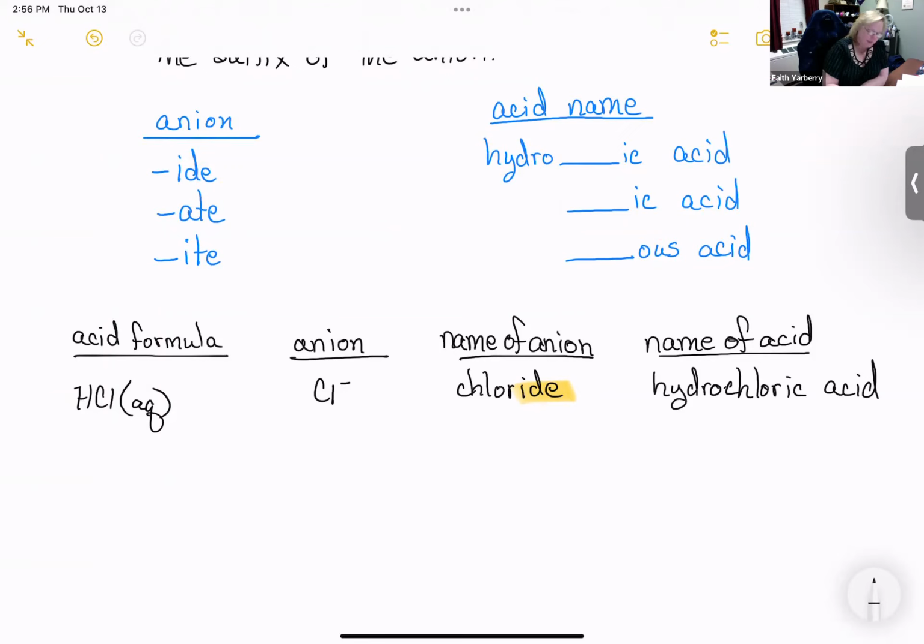For the next one, let's say I have H3N. Well, the anion is the nitrogen, which is in group 15, so it's a 3- charge. That anion is called nitride.